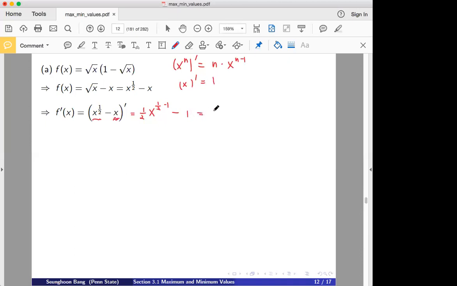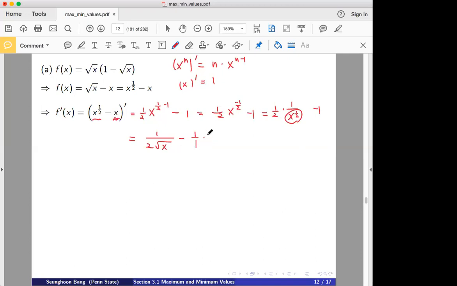And simplify: 1 over 2, x to the minus 1/2, minus 1. I can change it to a positive exponent: x to the minus 1/2 is 1 over x to the 1/2, minus 1. This is the same as 1 over 2 times square root of x, minus 1. I can change it to only one fraction.